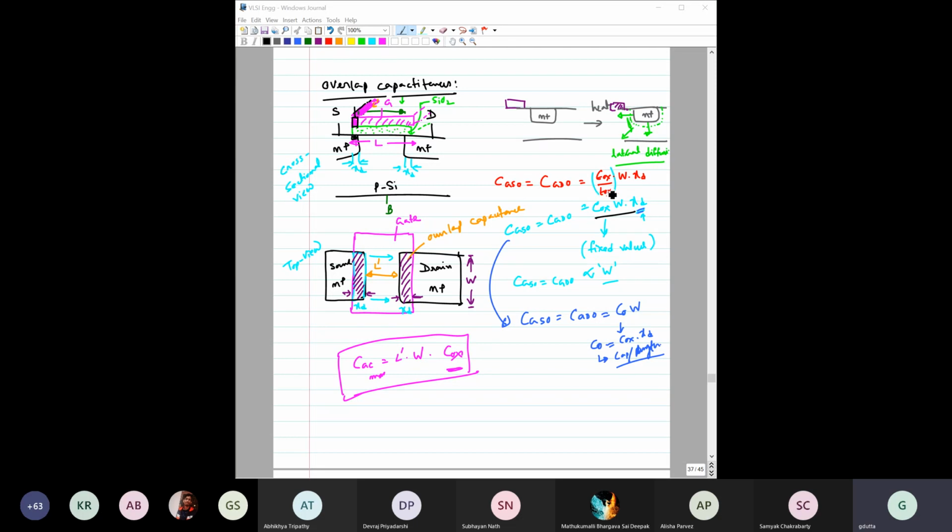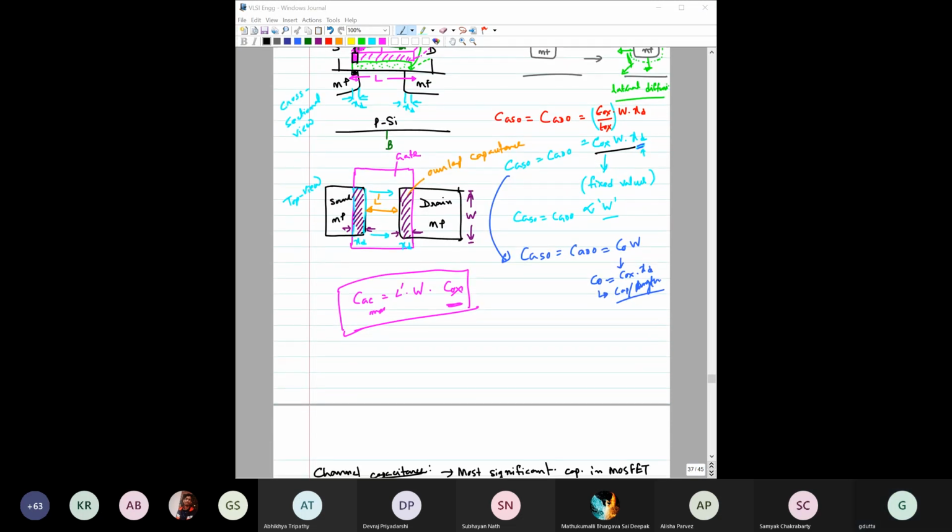From here, we can clearly see that this overlap capacitance is a design parameter, because it is directly proportional to W, the width. So yes, this is the maximum value and minimum value that we calculated.